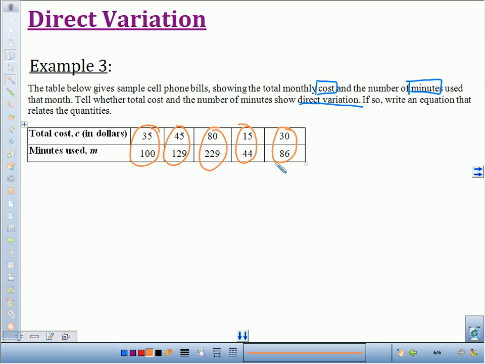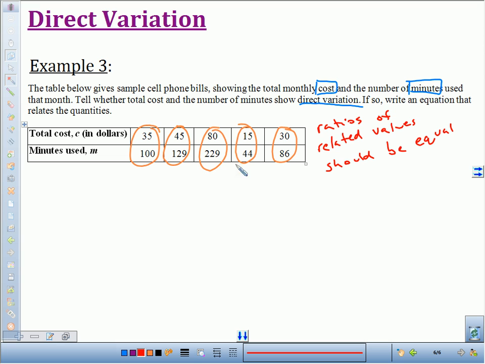The idea is this. The ratios of related values should be equal. The ratio of related values should be equal across the board.